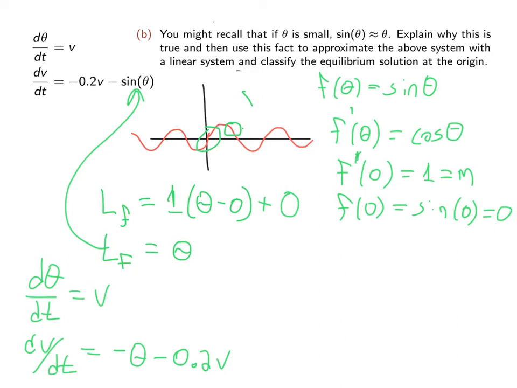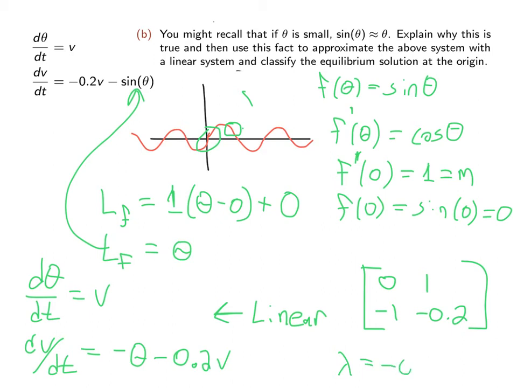Now this is a linear system, and we could find the matrix of coefficients for this. Then we can find eigenvalues for that matrix and think about the stability of the equilibrium that way. The eigenvalues for this matrix don't work out great, but in order to understand the stability, we just need to know the sign more or less.